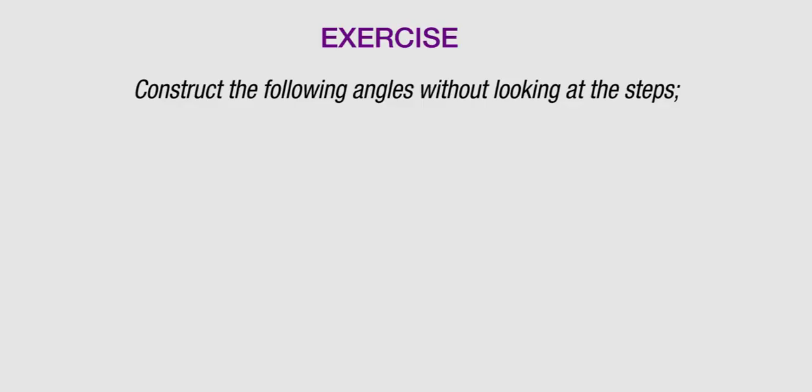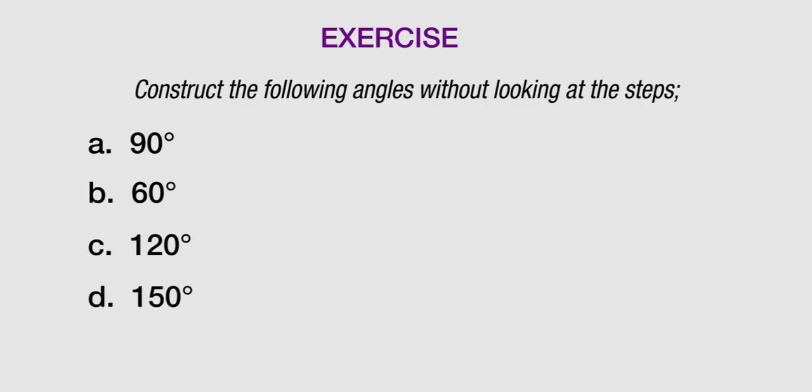Construct the following angles without looking at the steps I have given you. 90 degrees, 60 degrees, 120 degrees, 150 degrees, 105 degrees, 75 degrees, and 37.5 degrees. I hope you can guess how you will get the angle 37.5 degrees. You simply bisect 75 degrees.